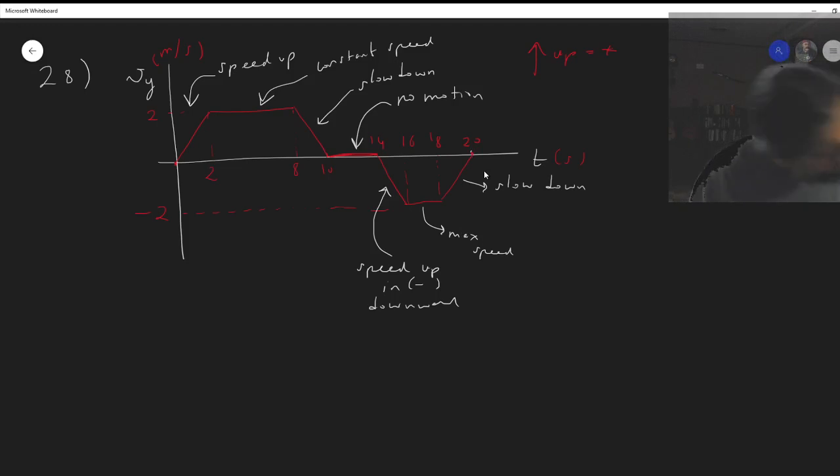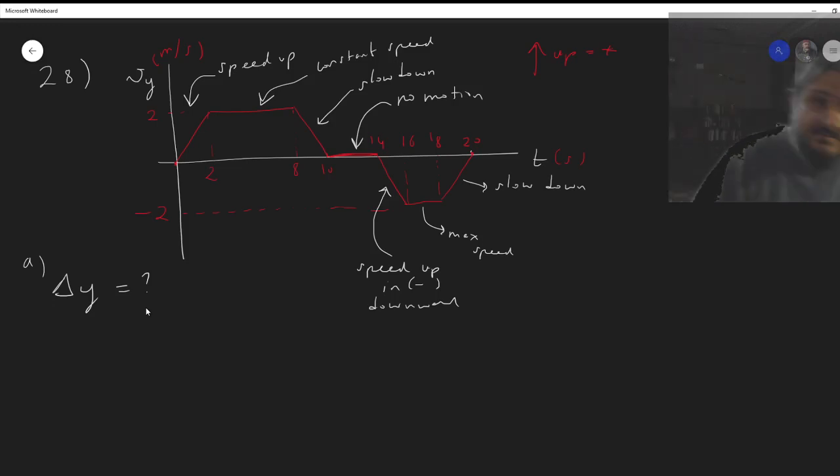So, A. How high is the elevator above the starting point, which is t equals 0, after 20 seconds have elapsed? What is delta y, in other words? Alright? So how high is the elevator?